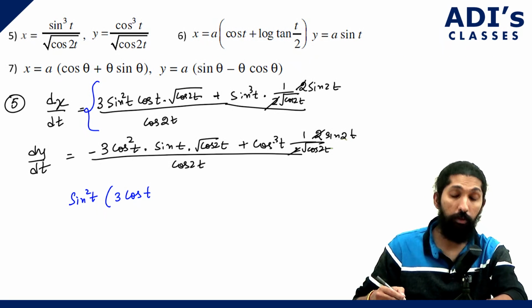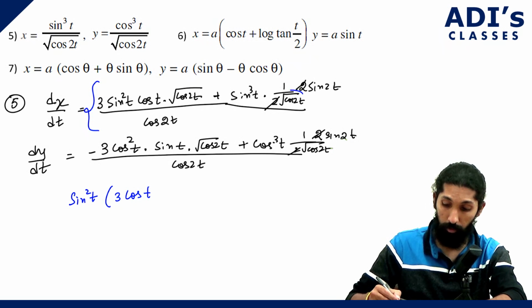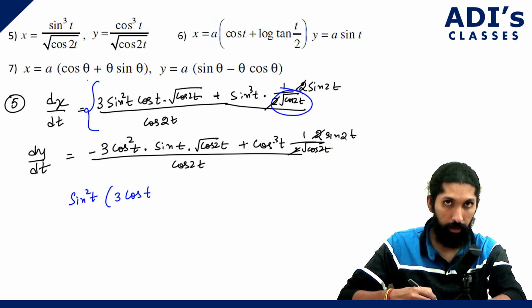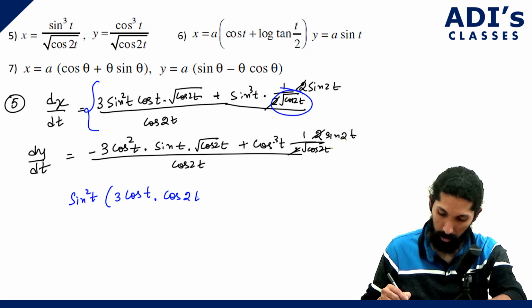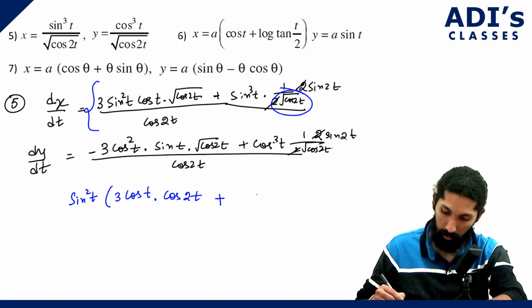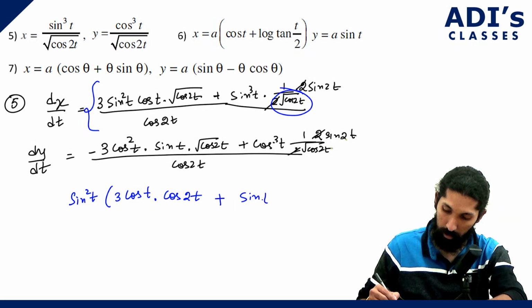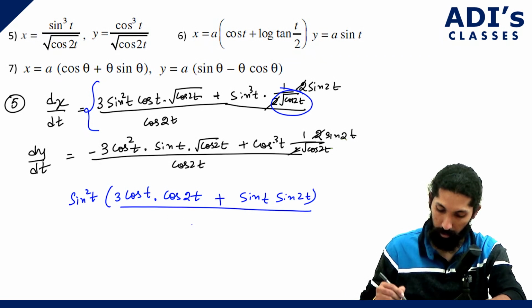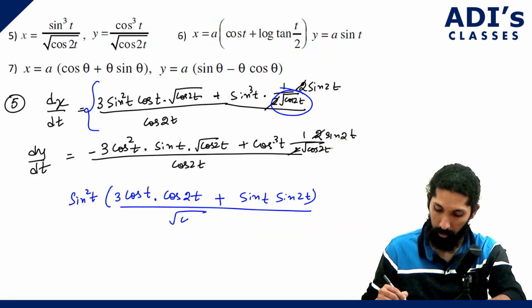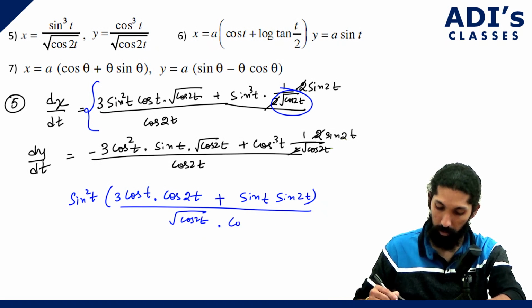If you take the LCM of root of cos 2t, then you'll get this as into cos 2t plus sine t into sine 2t, divided by root of cos 2t into cos 2t.